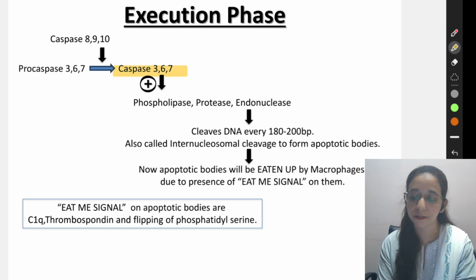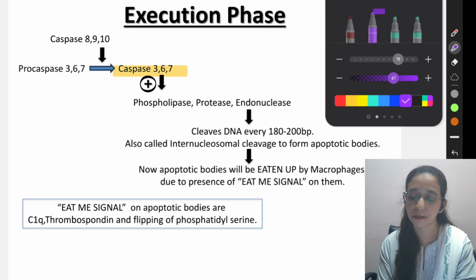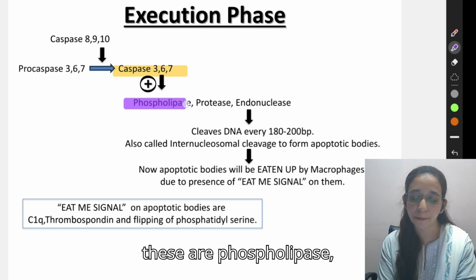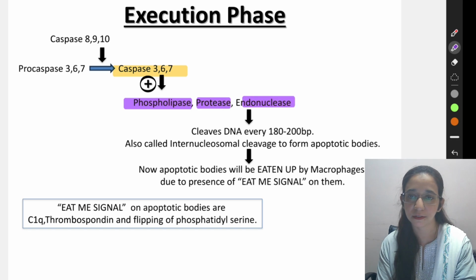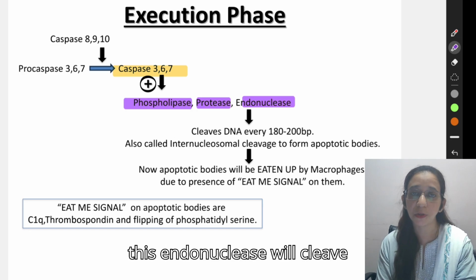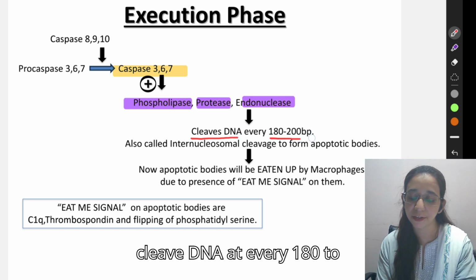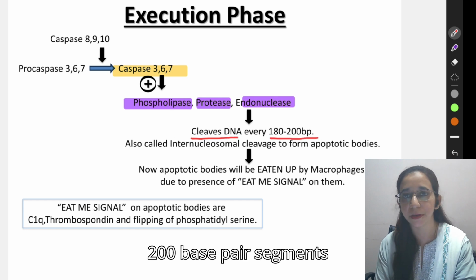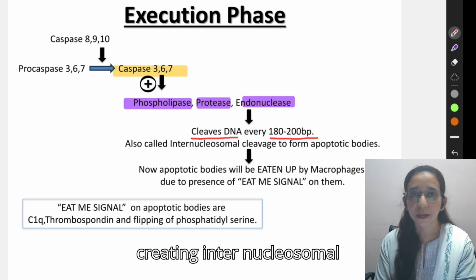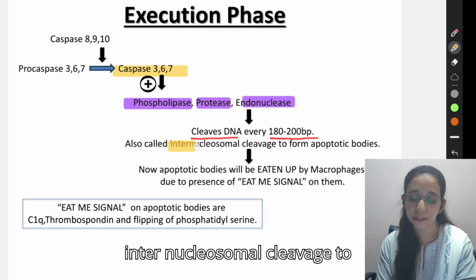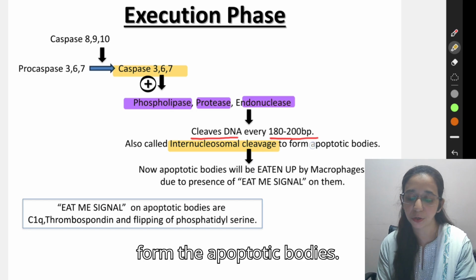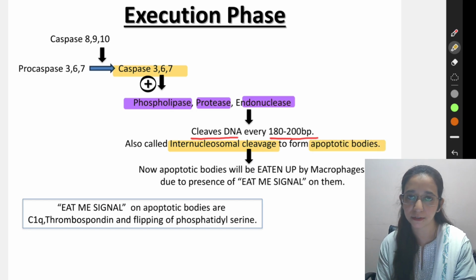These are phospholipase, protease and endonuclease. This endonuclease will cleave DNA at every 180 to 200 base pair segments, creating internucleosomal cleavage to form the apoptotic bodies.